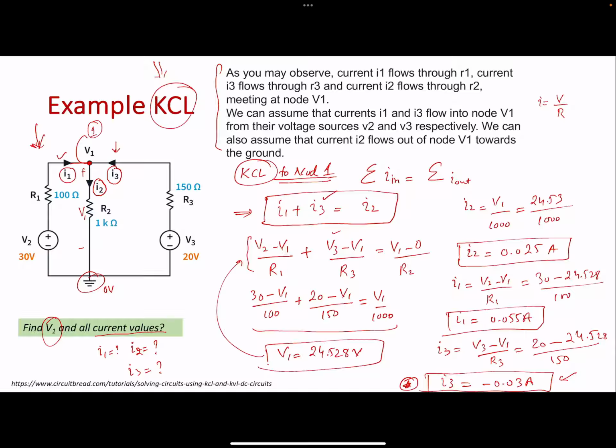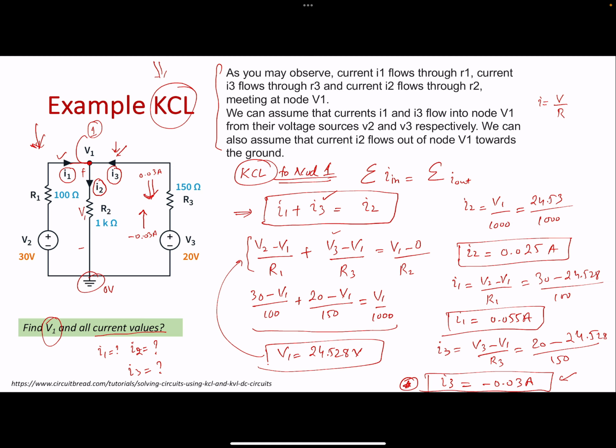This essentially shows that the direction of I3 is actually on the other side. So 0.03 amperes is actually flowing in this direction. Or if you keep this direction as is, then you have minus 0.03 amperes flowing, so it is just moving the negative sign to the other end.